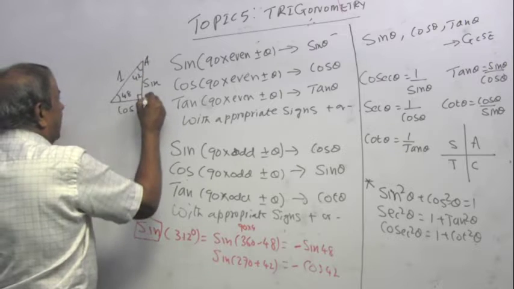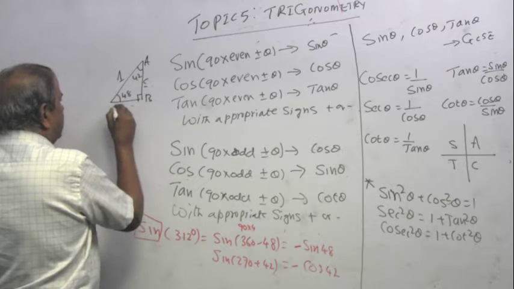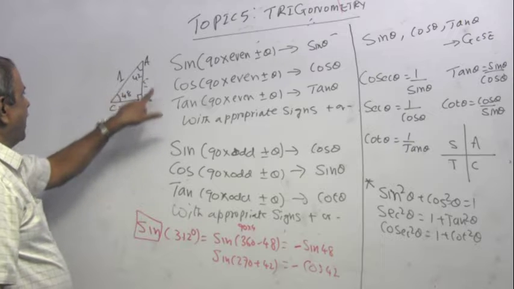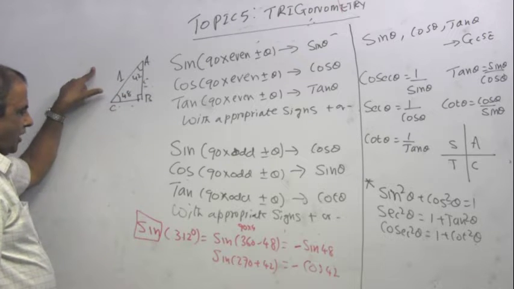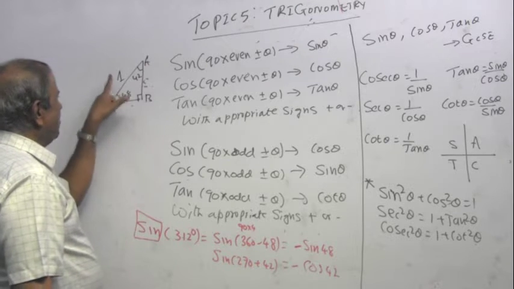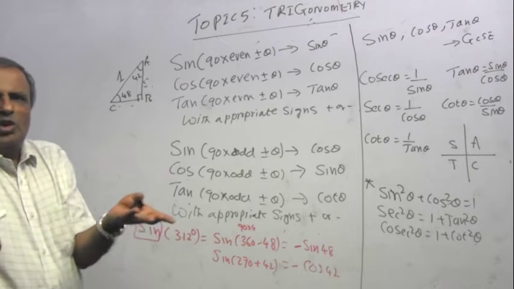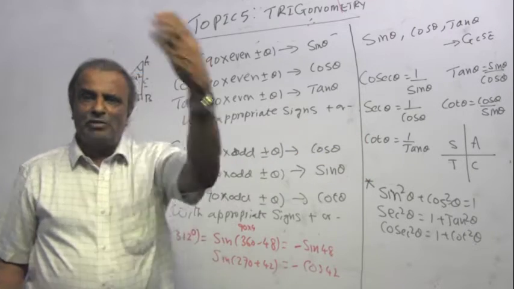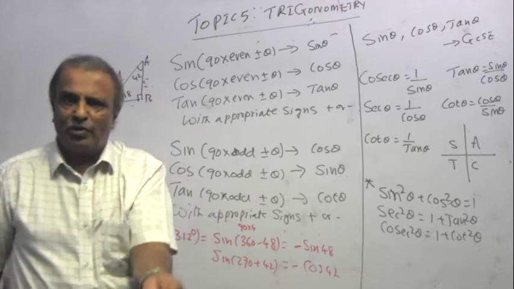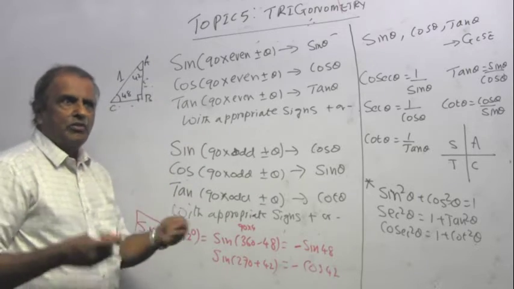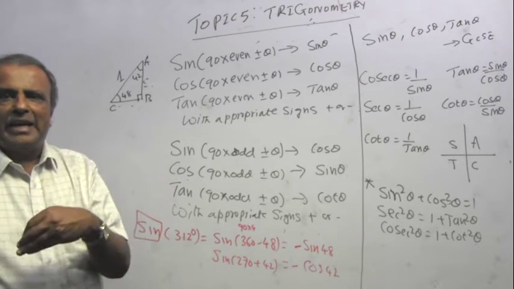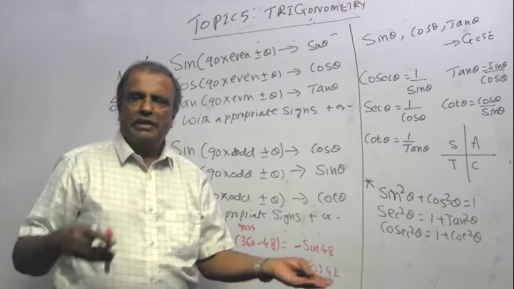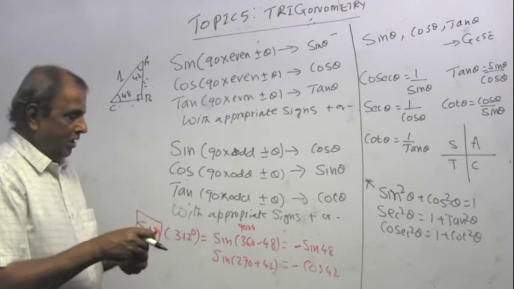Okay, AB and BC. What is sine 48? AB over 1. What is cos 42? AB over 1. So both are the same. Or if you open a calculator and work it out, sine 48 will be the same as cos 42. So in other words, if two angles add up to 90, the sine of one of them will be the cos of the other. The cos of one of them will be the sine of the other. Okay?